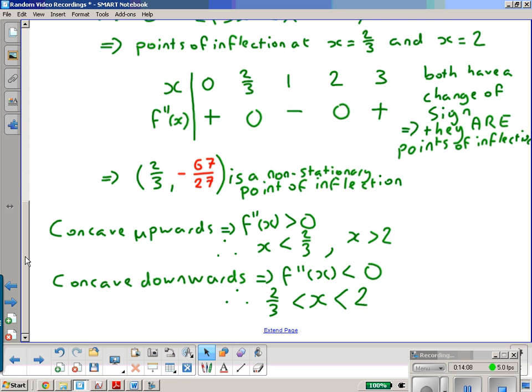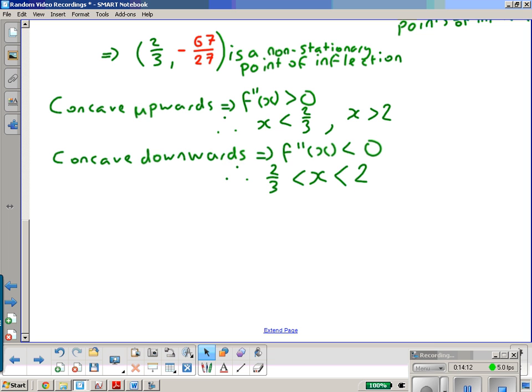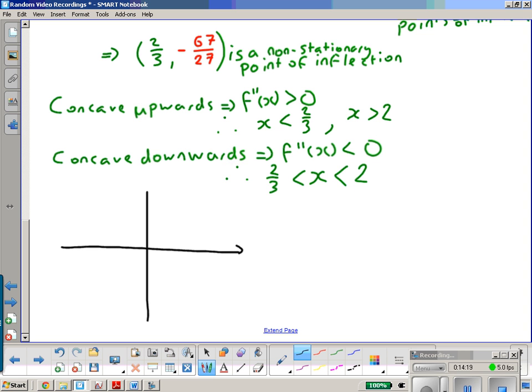Finally, we were asked to draw a sketch of this graph. So let's extend our page a little bit more, and we can draw in some X and Y axes. And we're going to use all these important points.